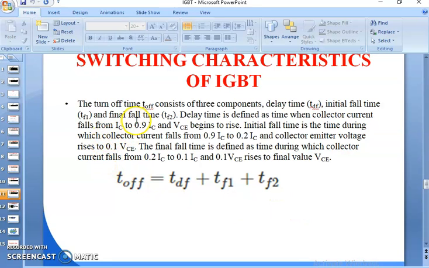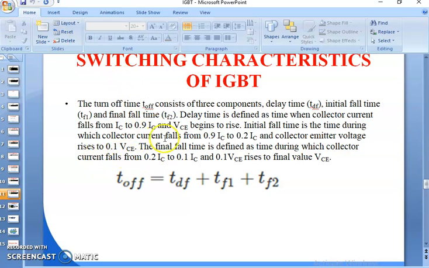The turn off time TOFF consists of three components: delay time TDF, initial fall time TF1, and final fall time TF2. The delay time is defined as the time when collector current falls from IC to 0.9 IC and VCE begins to rise. Initial fall time is the time during which the collector current falls from 0.9 IC to 0.2 IC and the collector emitter voltage rises to 0.1 VCE.